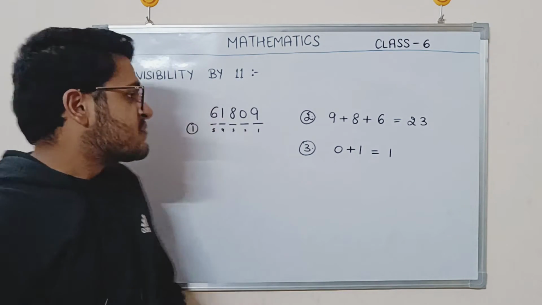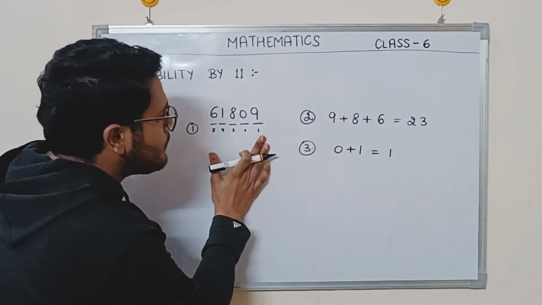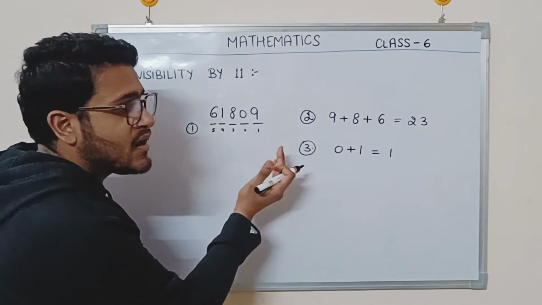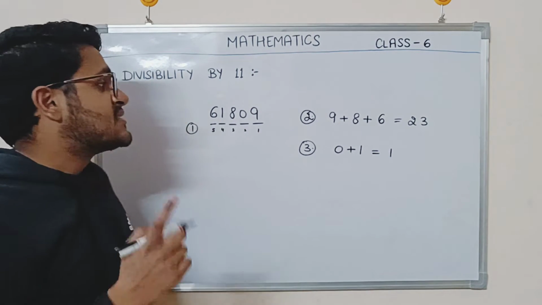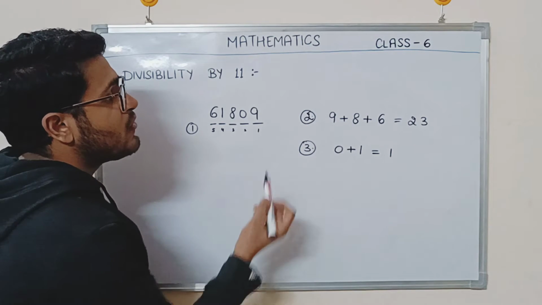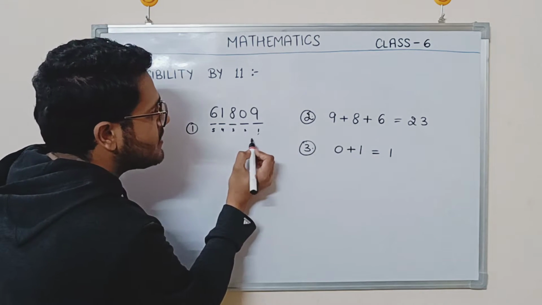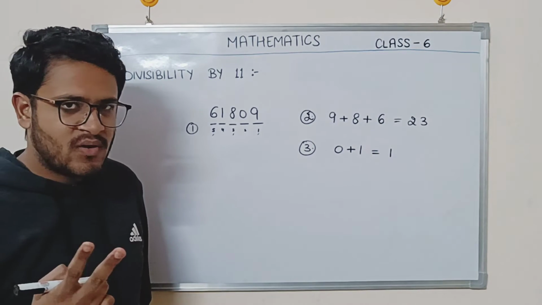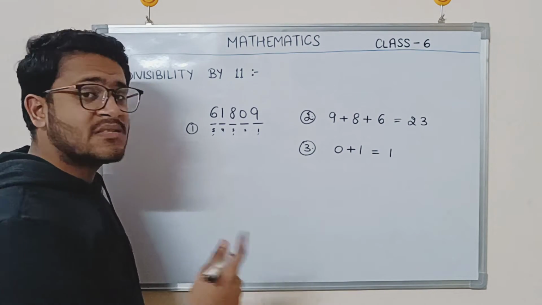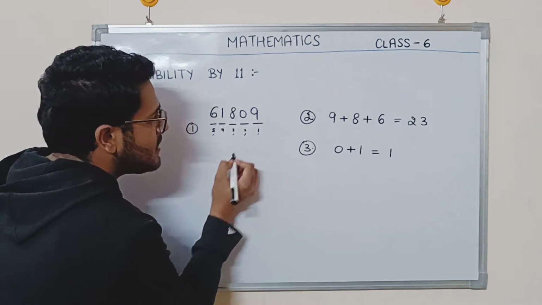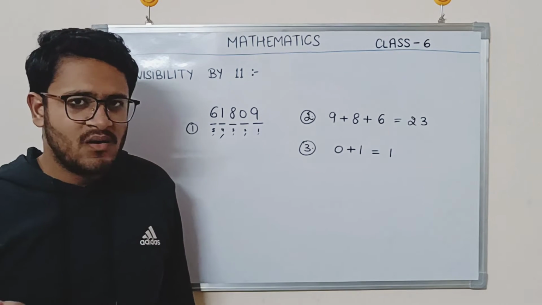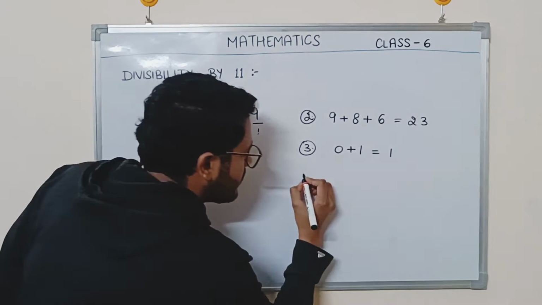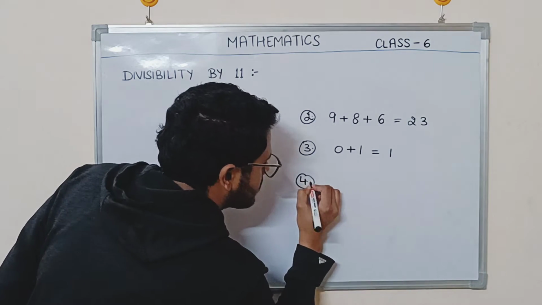Let me repeat. First step, we will number all these digits from the right hand side. Second step is we will sum all the numbers at odd places. Step number 3, we will sum all the digits at even places. Now come to step number 4.